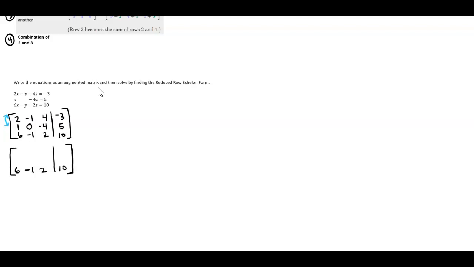But equation 1 and equation 2, after I've changed it to a matrix, it's a row 1 now and a row 2. I get a 1, 0, -4, 5 on the top. And now my second row is going to be 2, -1, 4, -3. All I did so far is switch row 1 and row 2 so I can get that to be a 1 in the upper left-hand corner.